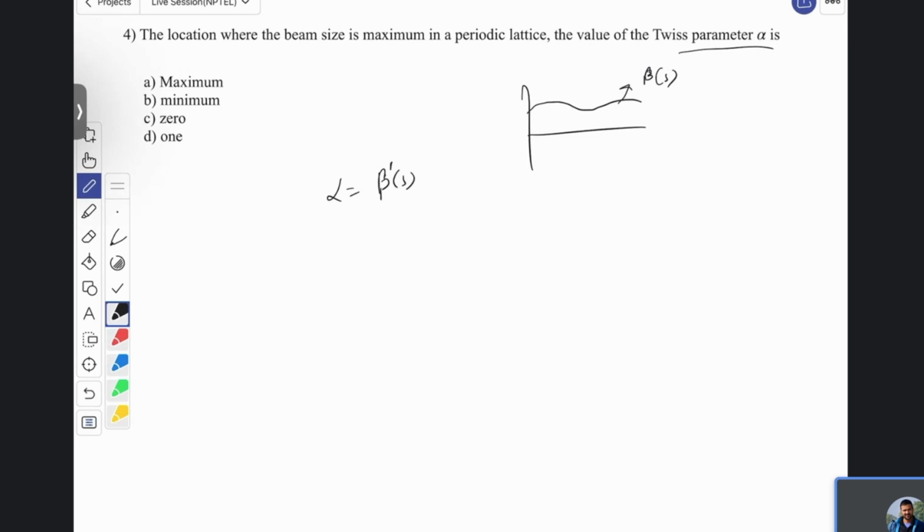So wherever the beam size is maximum, suppose at this point, and we know that if we differentiate something at maximum, it should be 0, right? So 0 is the correct answer.